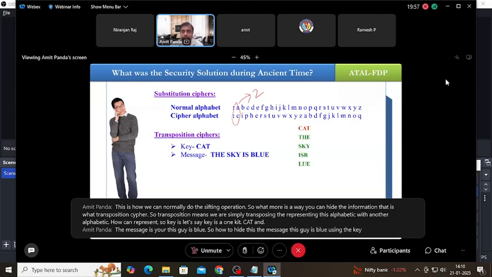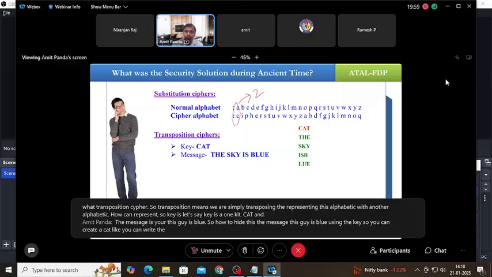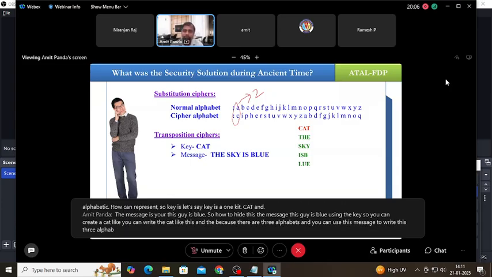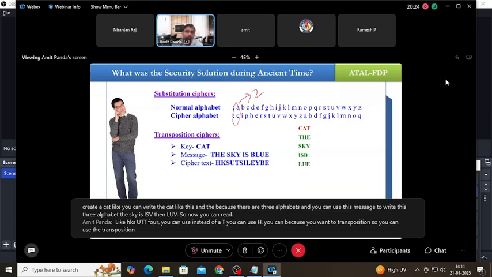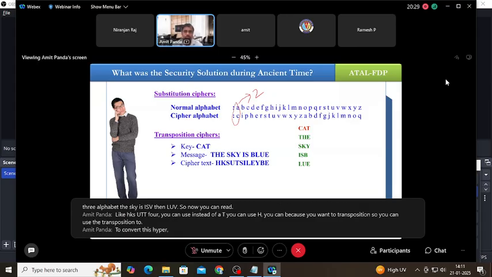You can write the key CAT, and because there are three letters, you write the message in rows of three letters: THE, SKY, ISB, LUE. Now you read it column by column, and this transposition converts the message to the ciphertext.